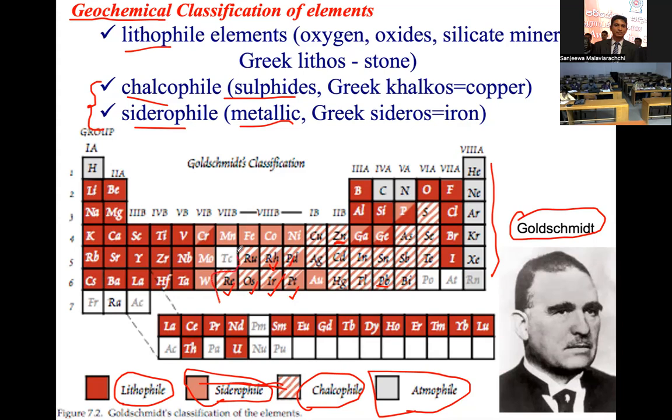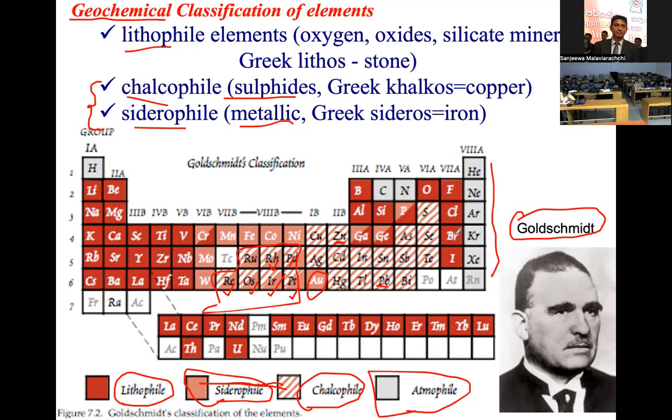So therefore, we can take them as platinum group elements as well, right? PGEs, we call them PGEs. And gold also behaves similarly to these platinum group elements, but since gold is clearly siderophile, it's separately considered.